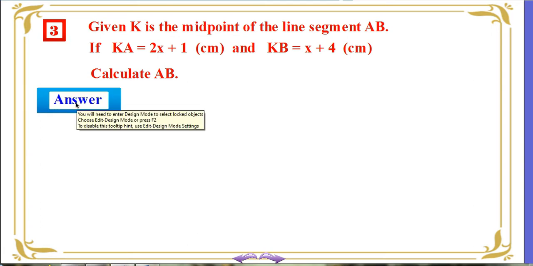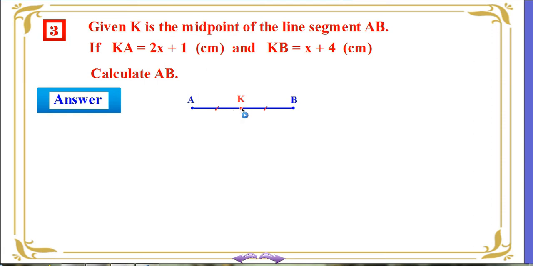So you notice the property of the midpoint of a straight line is to divide the line into two equal parts. Then you have KA equals KB. The exercise has given KA as 2 multiplied by x plus 1, and KB as x plus 4.